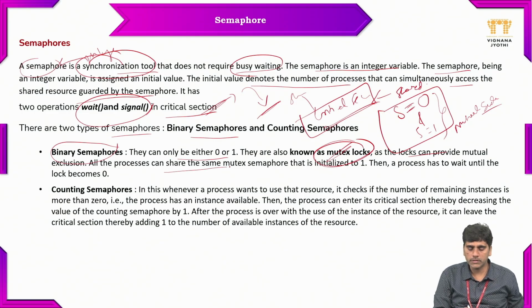All the processes can share the same mutex semaphore that is initialized to 1. When the mutex semaphore is 1, the lock is unlocked.